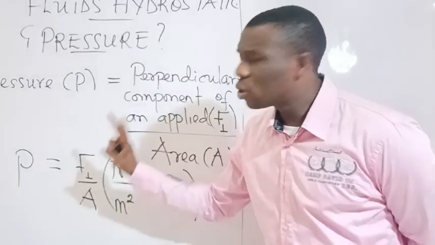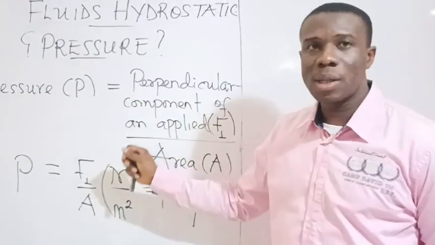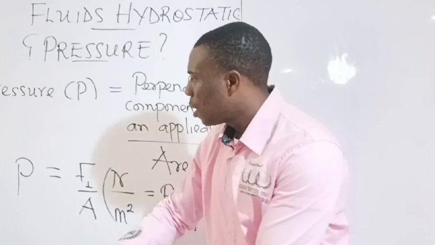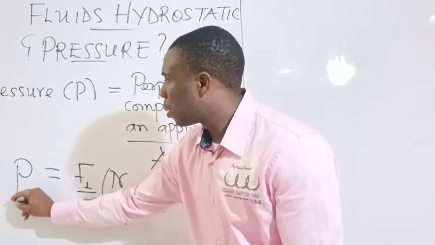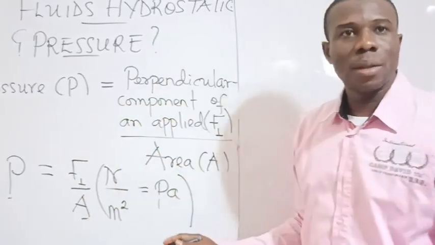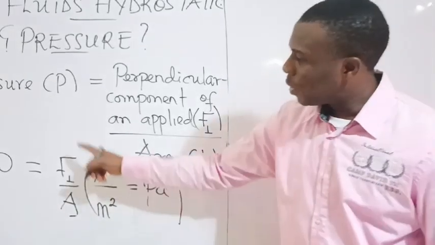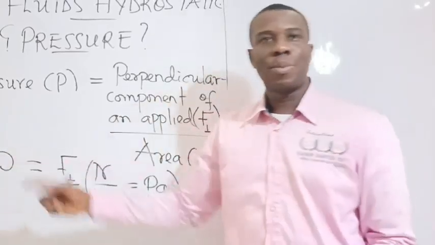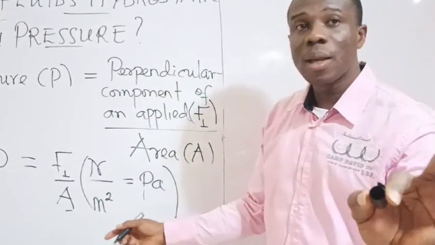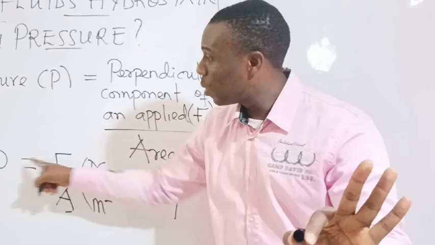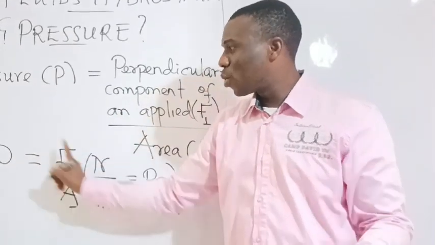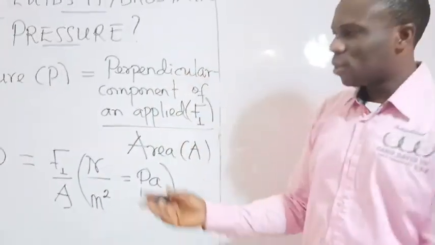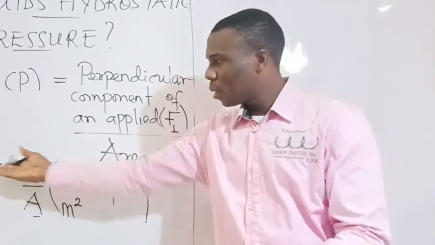If I give you any two values of these quantities, take for instance, I tell you what the pressure and the area is, you could tell me what the force is. If I tell you what the force and the area are, you could tell me what the pressure is. So if I give you any two values of these quantities, you could really tell what the third one is. So that's just the relation between these quantities you see here.